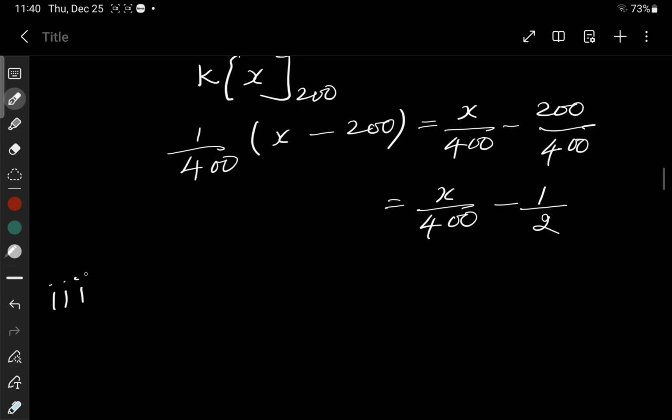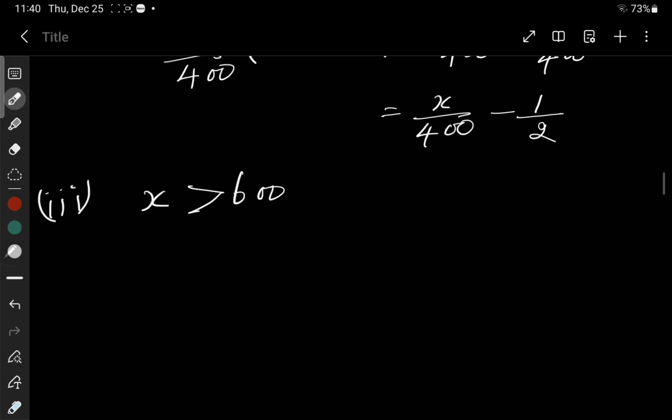Third case I said here, for x greater than 600. For x greater than 600, what would happen? F of x is equal to integral from minus infinity to x of f of x dx.